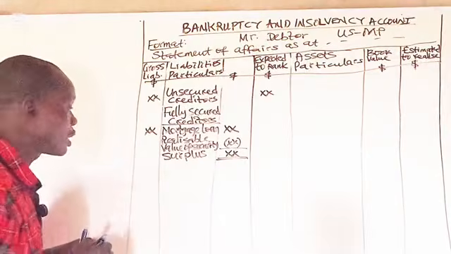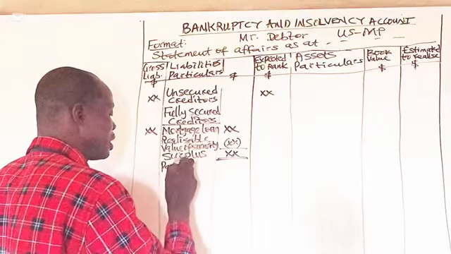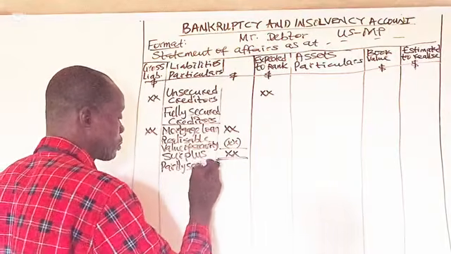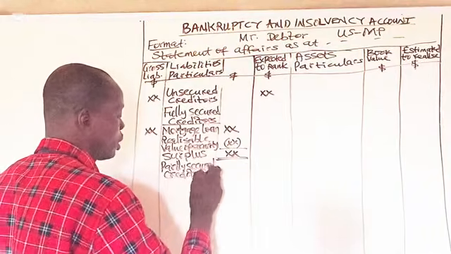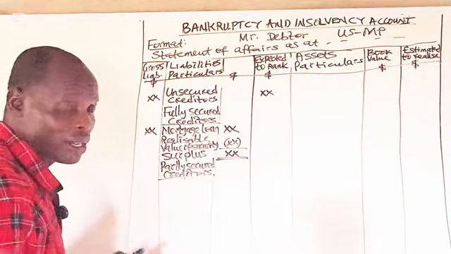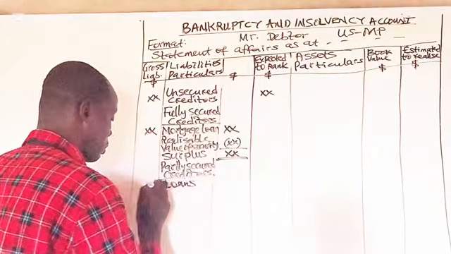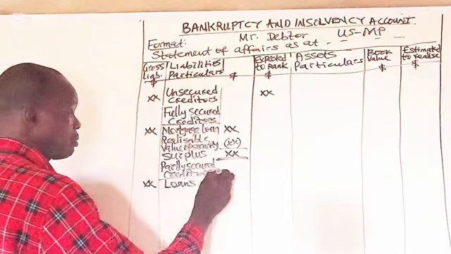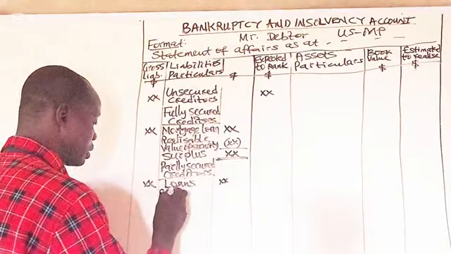After fully secured creditors, we have partly secured creditors. Then you have the value of the loans. Put it under gross liability and this column. Then realizable value of security.